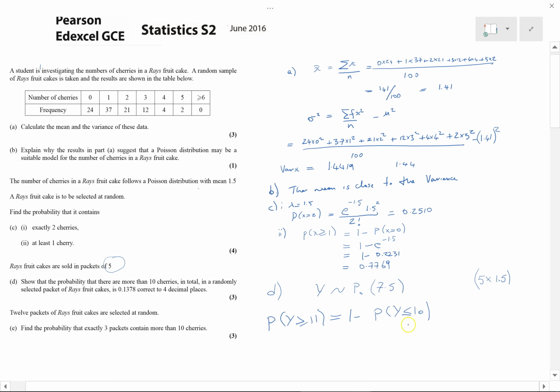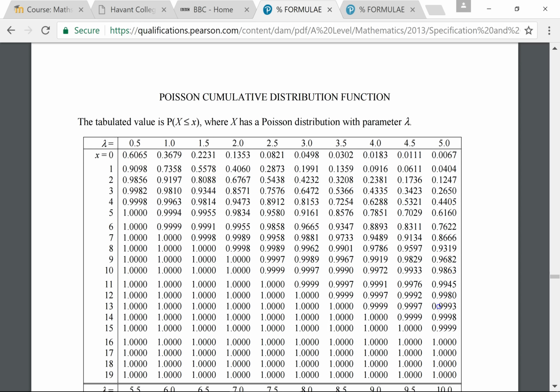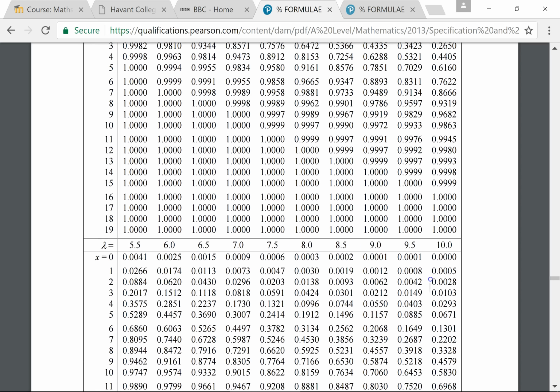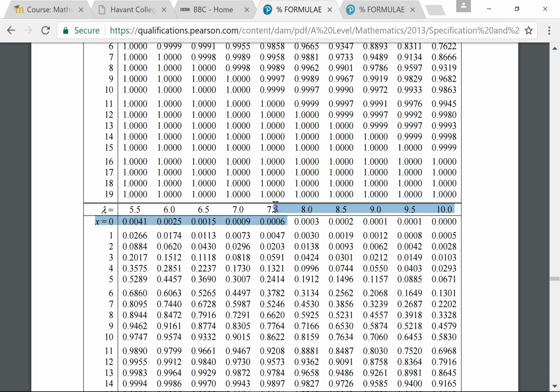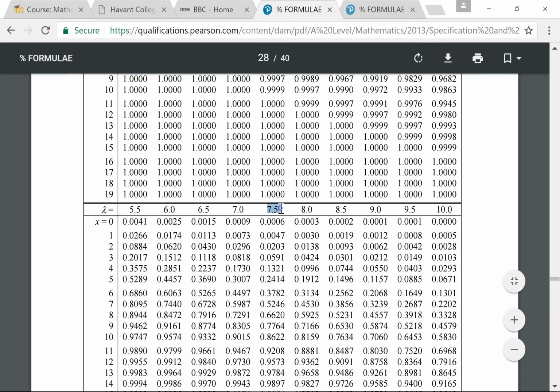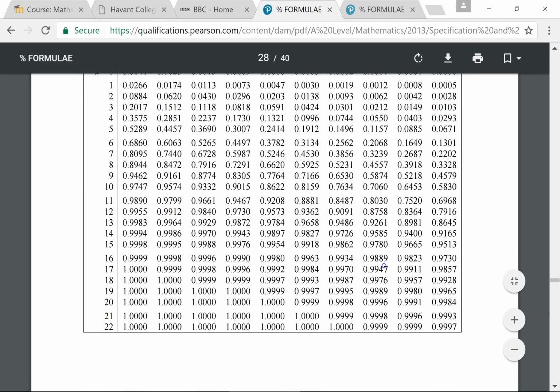And now, of course, that's essentially the summation of 11 different uses of the formula, which would be too long. So now we really do want to be using the formula book and finding this number. So let's just open the formula book. Right, so this is page 26 of the formula book. So it's the 7.5 here that we're looking for, because lambda is 7.5.